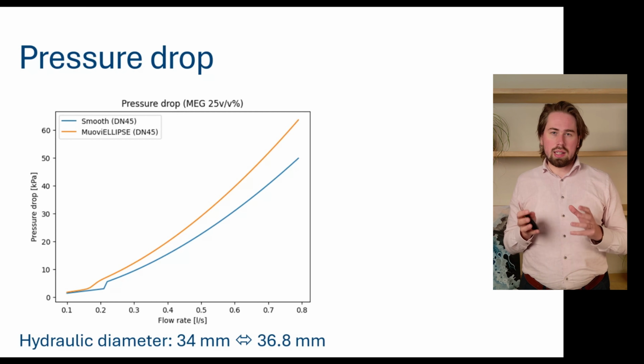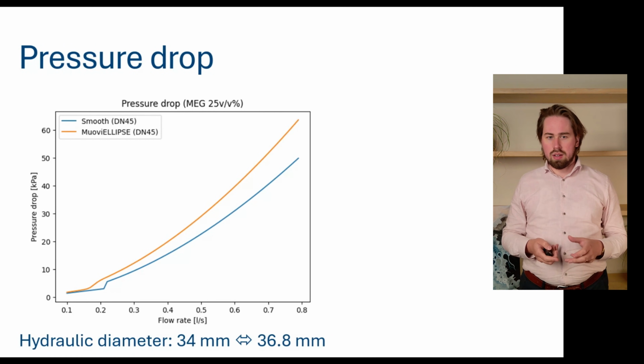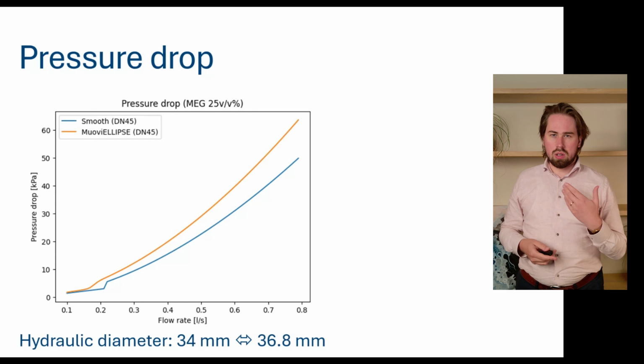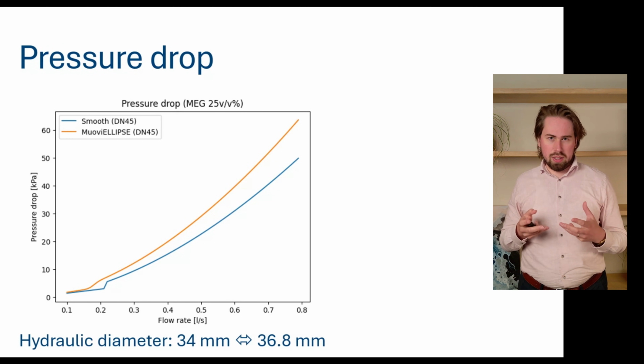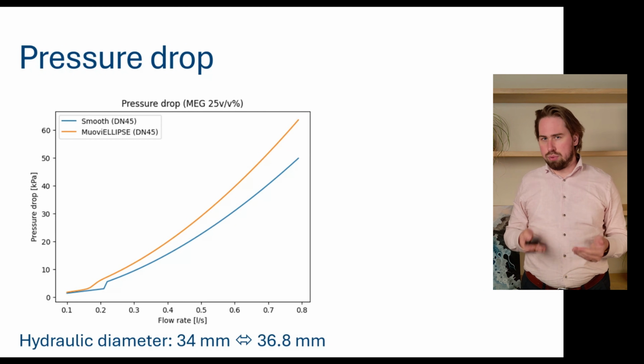And the reason for that lies in a difference in hydraulic diameter. Now, the diameter of a circular pipe is easy to understand, but for irregular shapes like an ellipse, it's not straightforward.